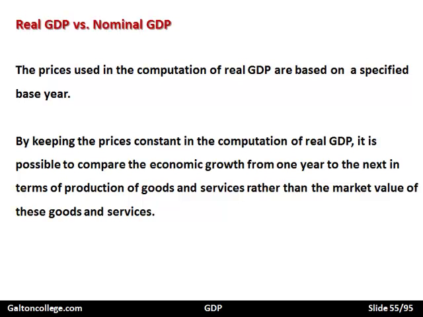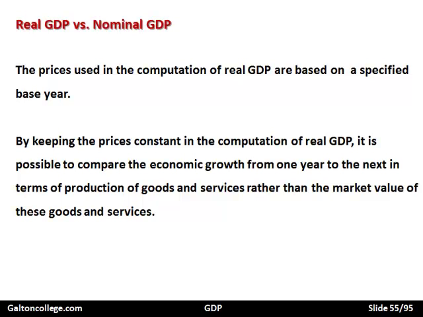By keeping the prices constant in the computation of real GDP, it's possible to compare the economic growth from one year to the next in terms of production of goods and services rather than market value of these goods and services. So it's looking at the output.